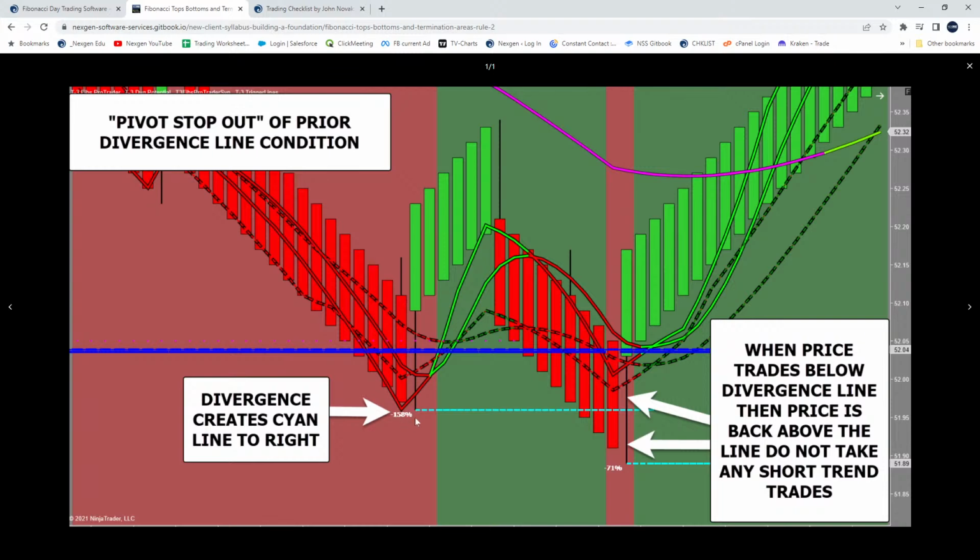You see this pivot down here, this low right here with the negative 150 on it? That's a pivot, a low. This is price trading below this pivot and then reversing. That's a pivot stop out. Double bottom, but it goes a little bit further. They're just running stops.